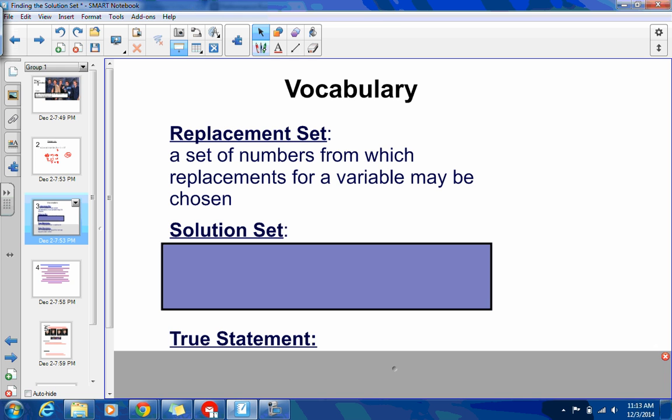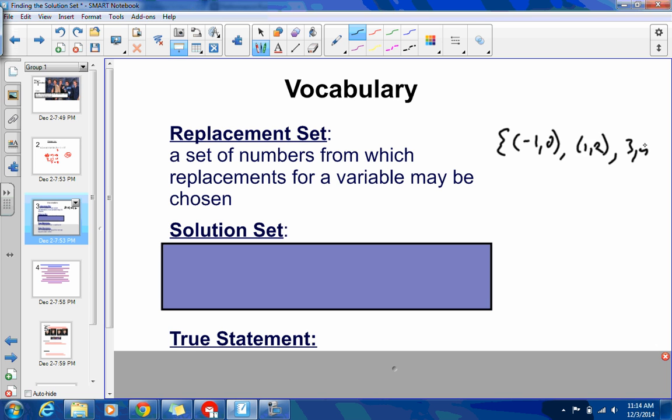And we talked about sets recently. You'll be given a set, which with the fancy brackets, a set of ordered pairs. So maybe -1, 0, 1, 2, and 3, 4. With the fancy bracket, that's our set.